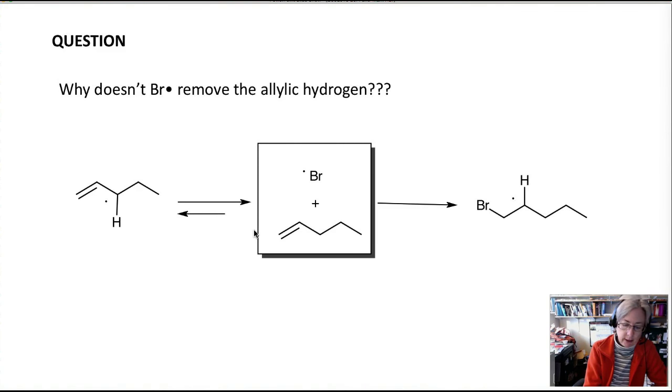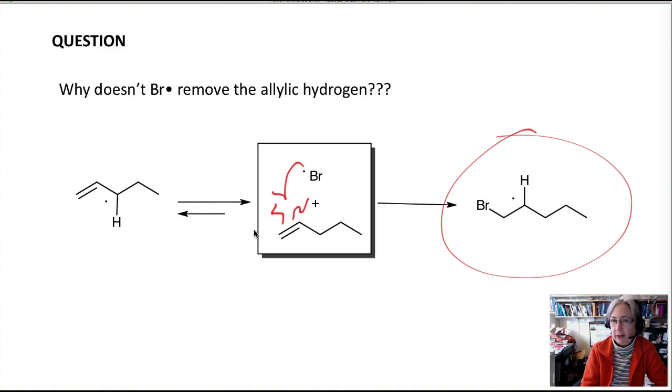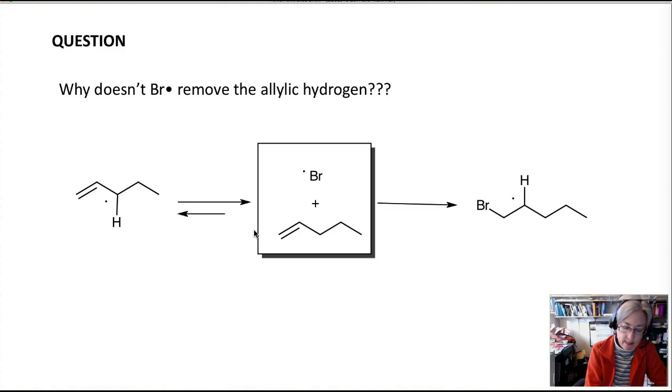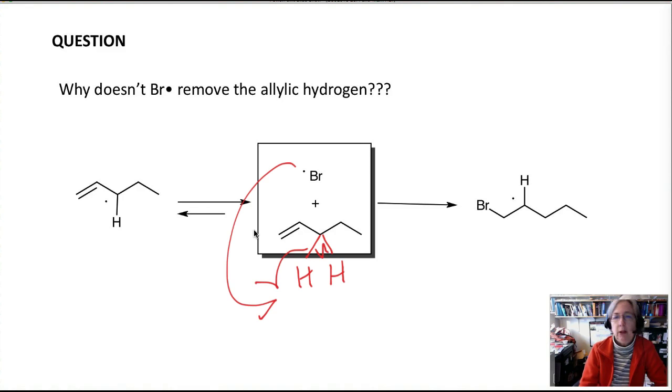Br dot either adding to the alkene to give us a secondary radical, or Br dot plucking off the allylic hydrogen, as we've seen it do in the previous examples with NBS. In that case, what do you get? You get the allylic radical, which of course is even more stable.